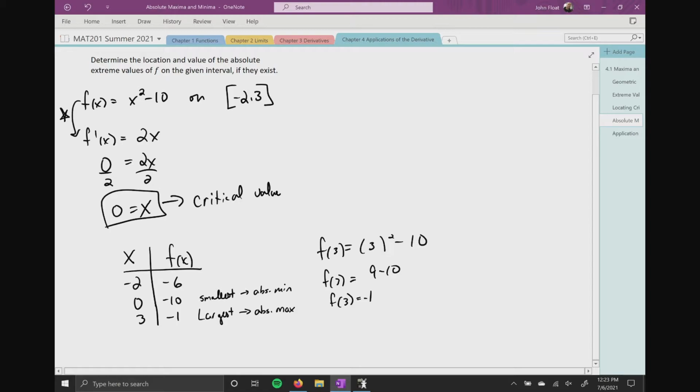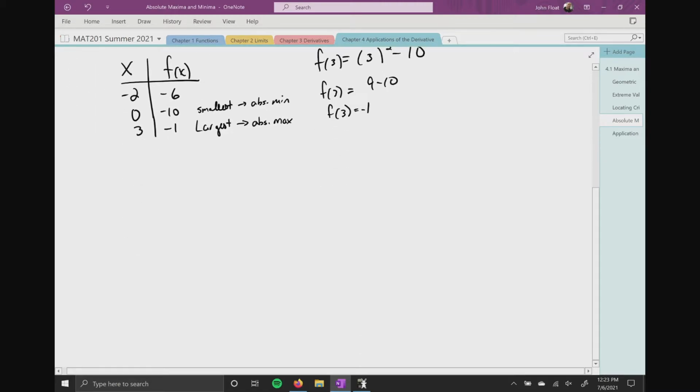Let's try another one here. How about f of x equals x to the 4th minus 4x to the 3rd plus 4x squared, and the interval is going to be -1 to 3. All right.